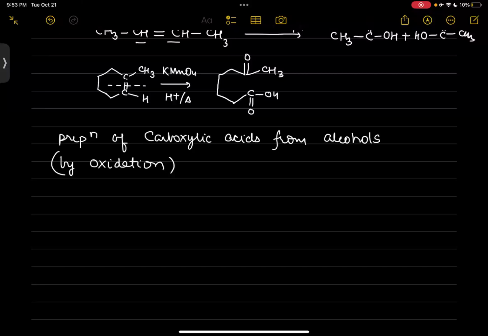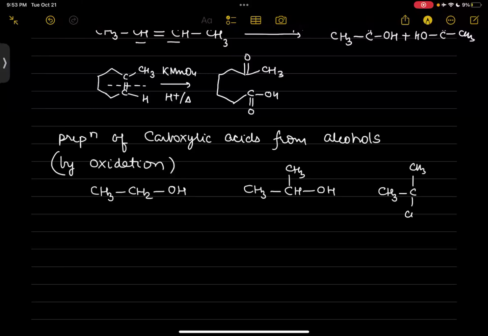There were three types of alcohol, like primary alcohol. Primary alcohol, the characteristic is CH2OH. Secondary alcohol, the characteristic is CHOH. And tertiary alcohol, this is the characteristic.